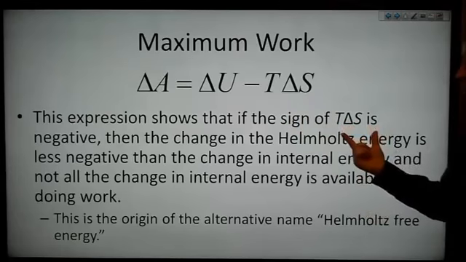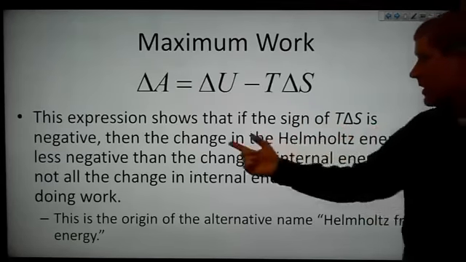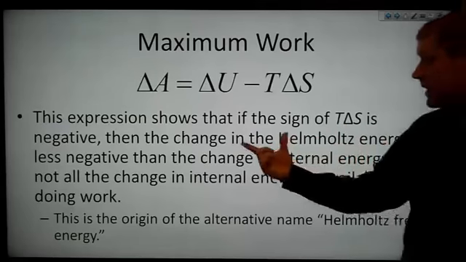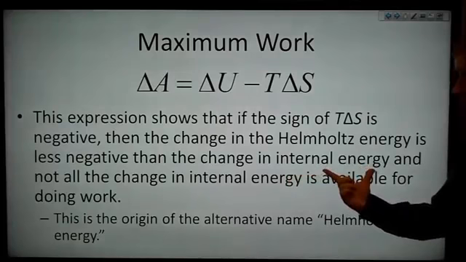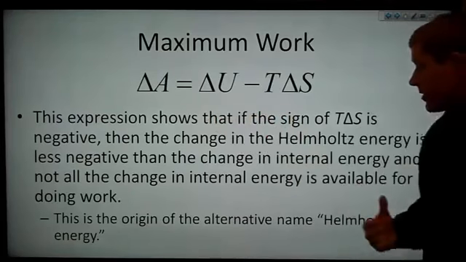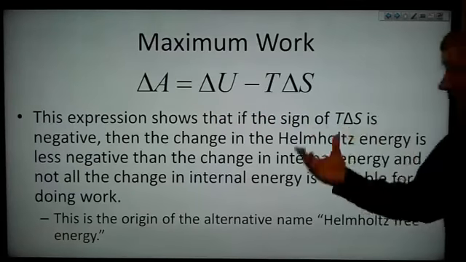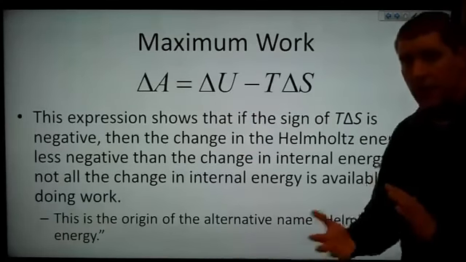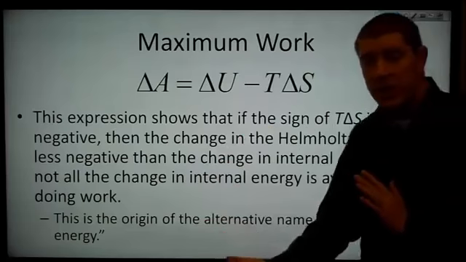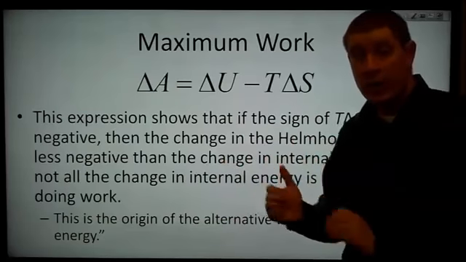And so if T delta S is negative, then the change in the Helmholtz energy is less negative than the change in internal energy. And not all of that change in internal energy is going towards work. Some of it has to be going towards increasing the entropy of the surroundings. That's where that heat was going on the last slide.